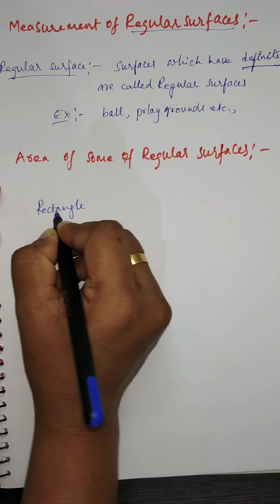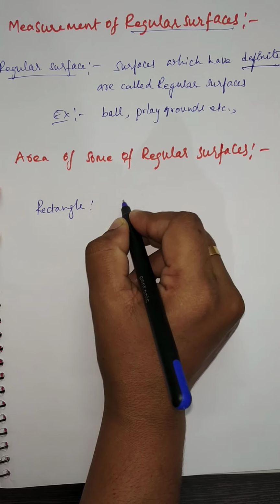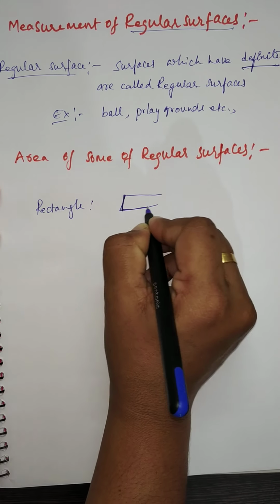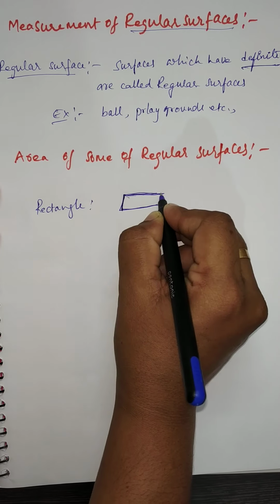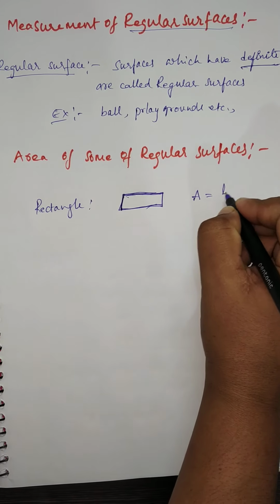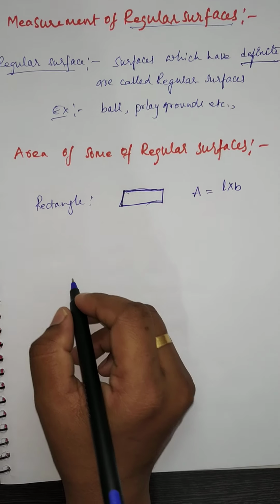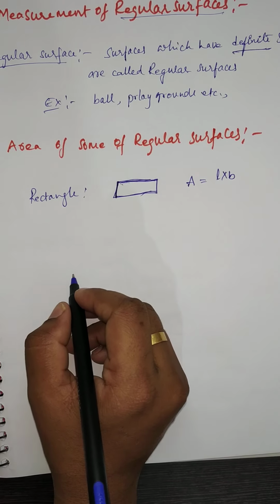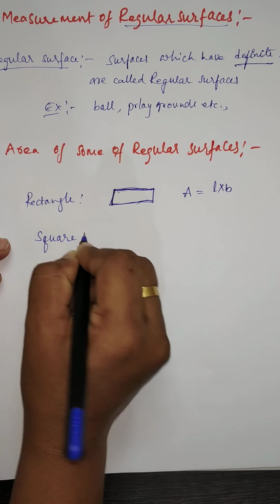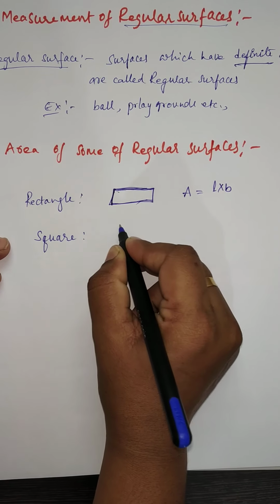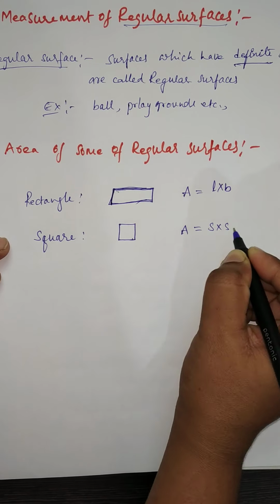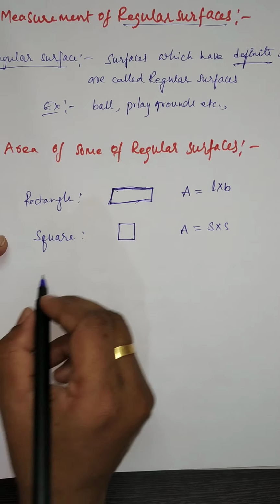Area of rectangle is length into breadth, and another one is square. Area of square is equal to side into side. See, all sides are equal for a square.